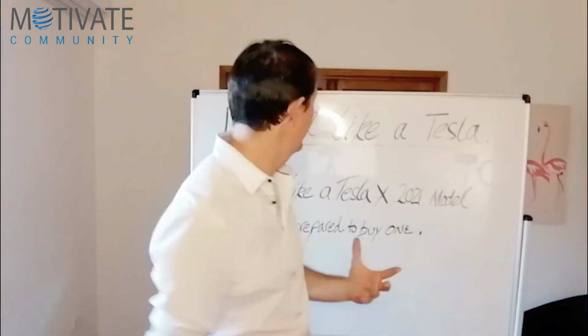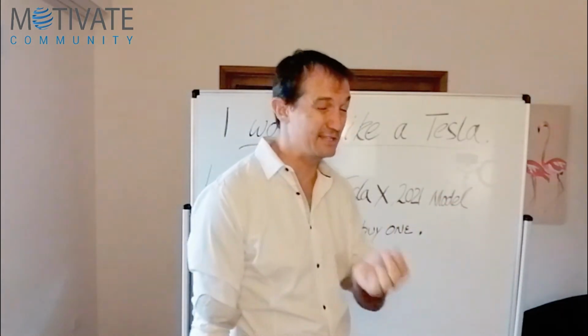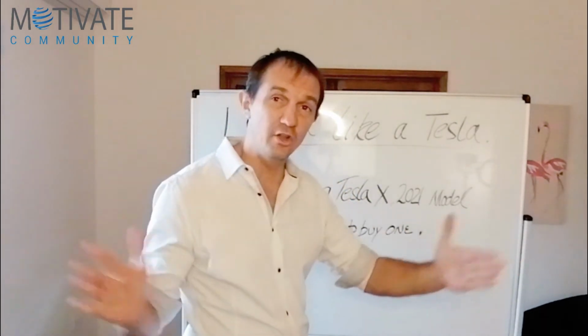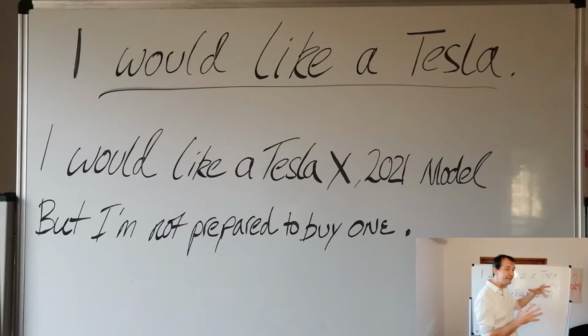Now, what I personally want, I tell you I would like a Tesla, but I've actually cut a lot of information off. I've deleted a lot of information. A more full expression would be, I would like a Tesla X, 2021 model, a real Tesla X, but I'm not prepared to buy one.